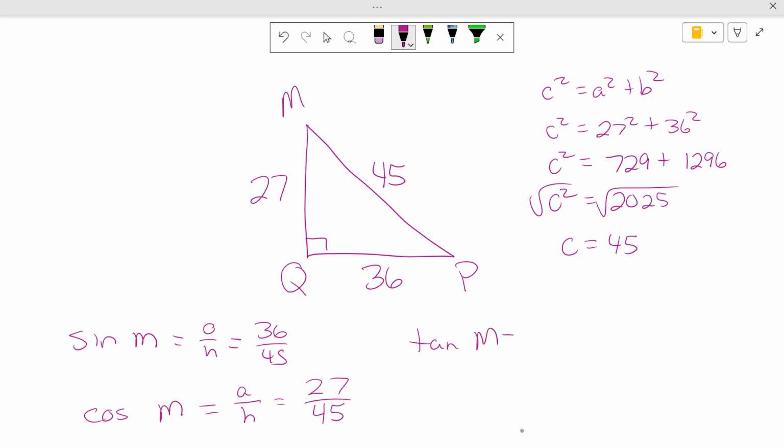Tangent of M, which is the opposite over the adjacent. What's the opposite over the adjacent, Ryland? 36 over 27. Well, if I said the sine of P, Sophia, which is opposite over hypotenuse? What's opposite of P? 27. What's the hypotenuse? 45. There we go. Are we good with this?